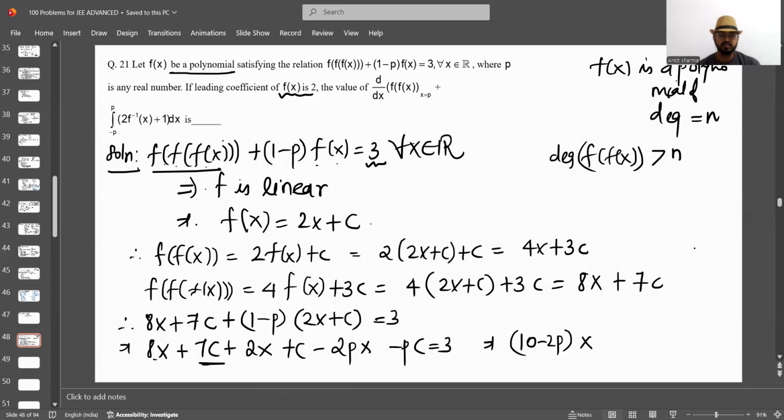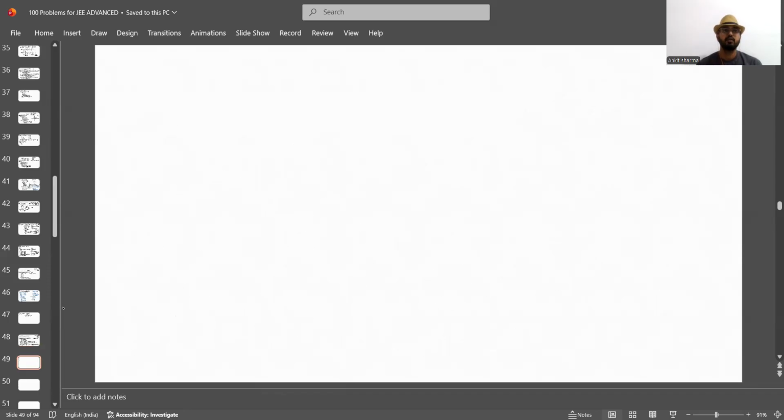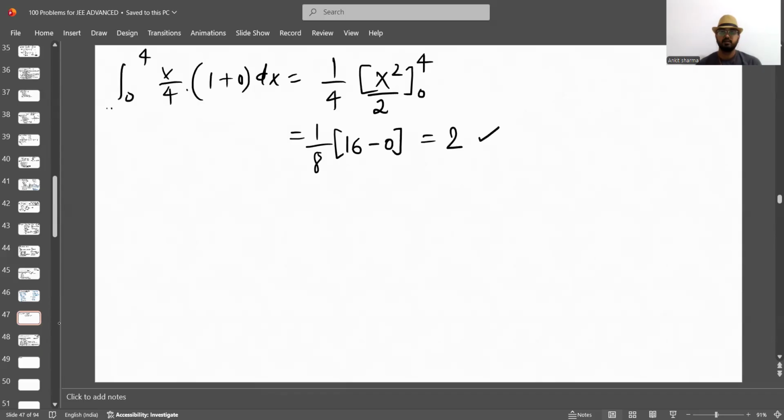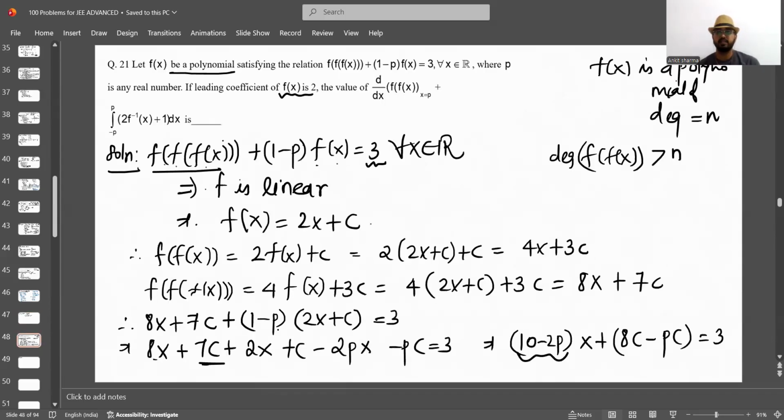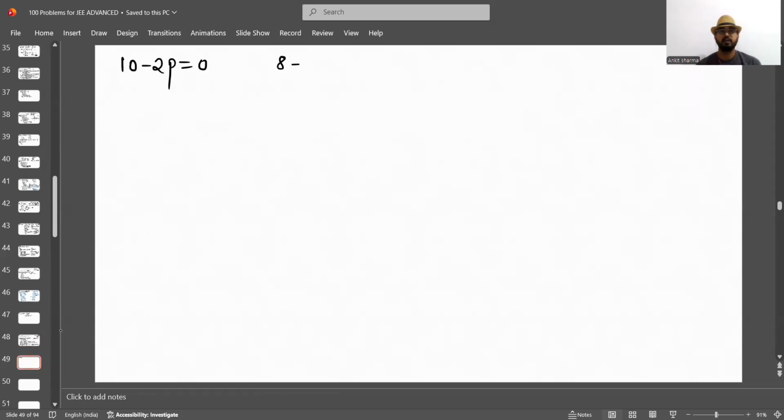Then the constant is 7c + c, so 8c − pc. So 8c − pc is equal to 3. That's what we get. And now if we compare these two polynomials, of course, the coefficient of x is going to be 0. So I have 10 − 2p turning out to be 0, and this portion, that is 8c − pc, will take the responsibility of 3. So I'll take c common rather. I'll have (8 − p) c equal to 3.